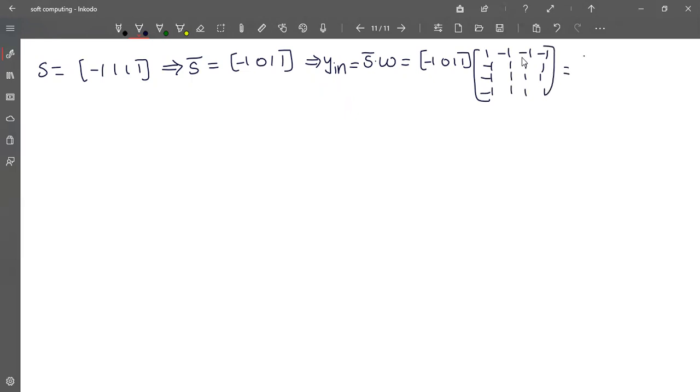If we simplify this, we get minus 3, 3, 3. If you apply the activation function, we'll get y as minus 1 1 1 1, which is equal to our input. So correct response.